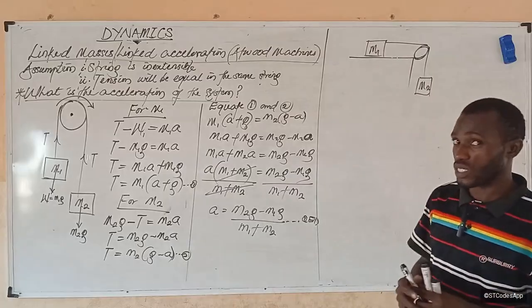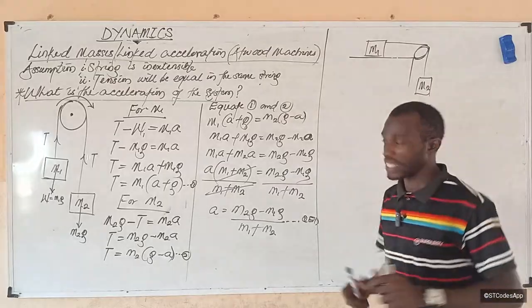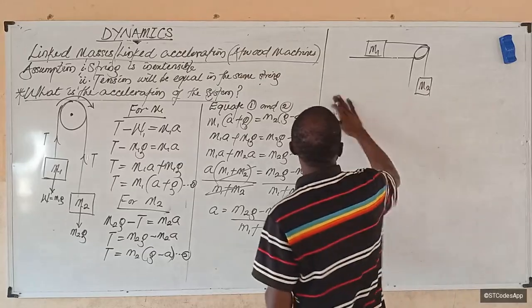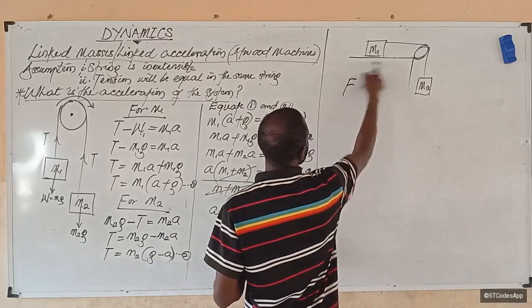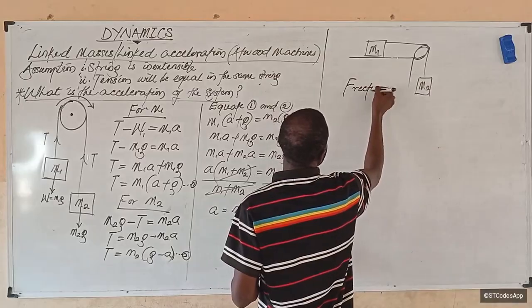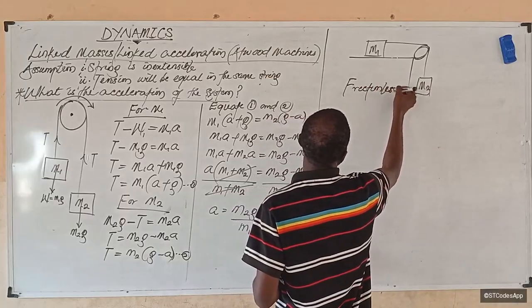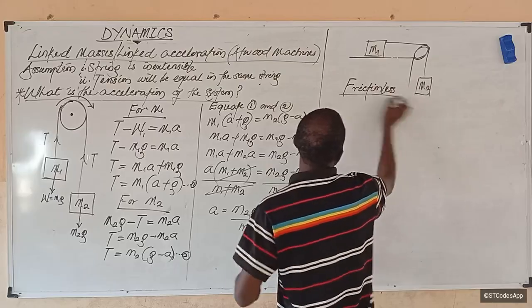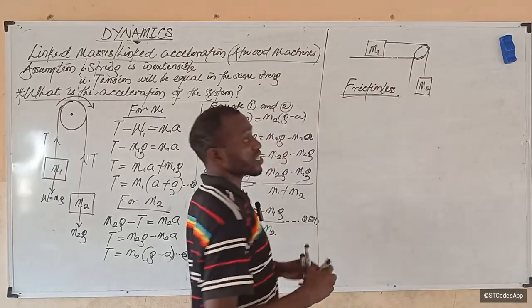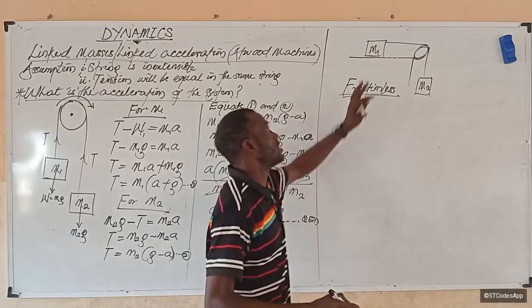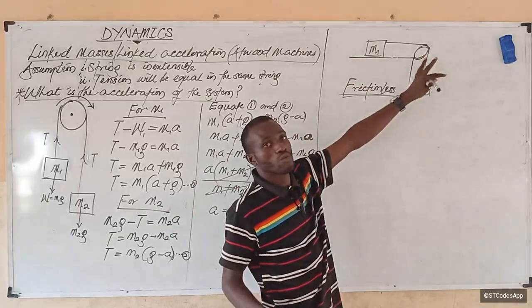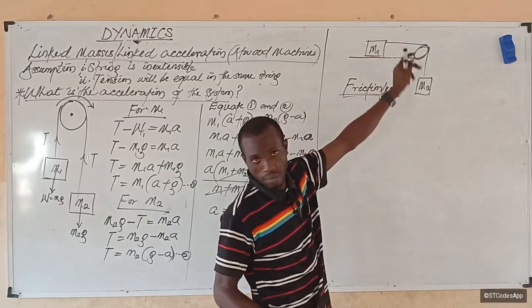Now looking at this body, there are two ways. In this one, we are assuming that the surface is frictionless. So let's first consider a frictionless surface. If it's a frictionless surface, then frictional force will not matter here.